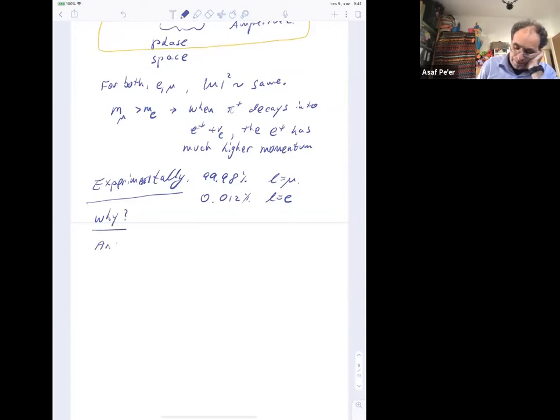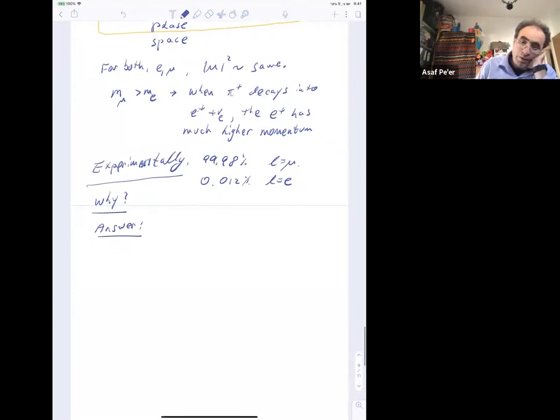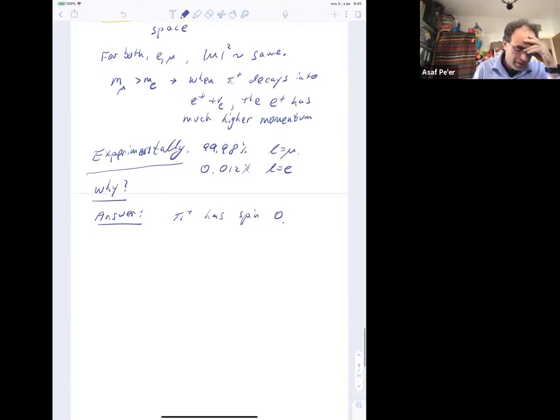Look at the spin of the pion. The pion has spin 0. So that means that the spins of the two daughter particles must be anti-aligned in order to conserve angular momentum. And you know the way to see that.